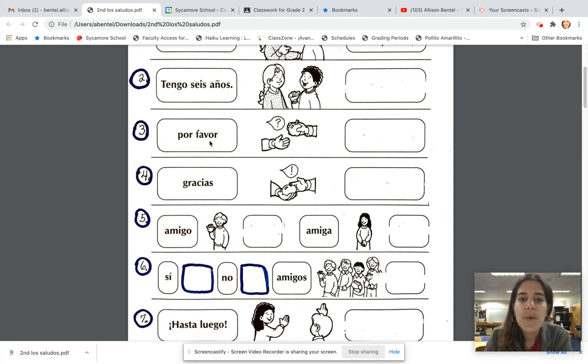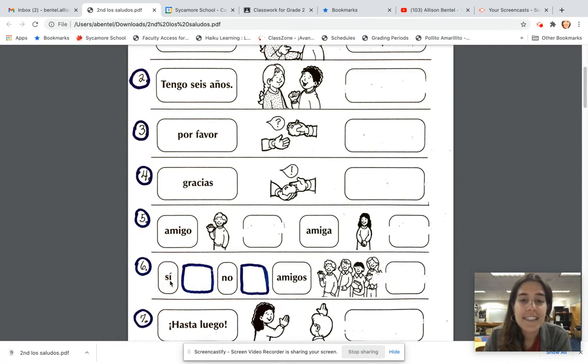Número 3, por favor, means please. Número 4, gracias, means thank you. Número 5, amigo is a friend that's a boy. Amiga is a friend that's a girl.